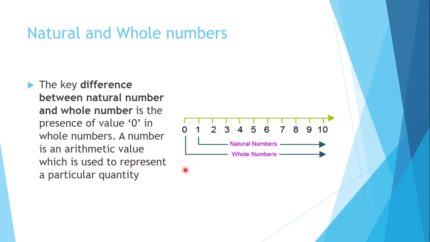Now, what is the basic difference between whole numbers and natural numbers? The key difference is the presence of the value 0 in whole numbers. That means whole numbers start from 0 and natural numbers start from 1.